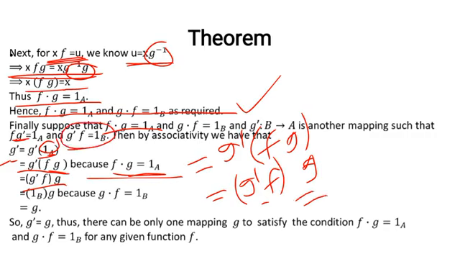So this is going to be 1 times G. But we started with G prime equal to this. That's how I got this here. And finally, 1G is the same thing as G. So G prime is the same as G, as you can see there.